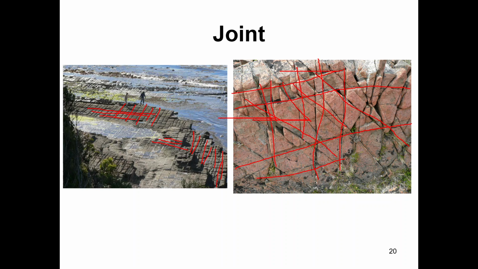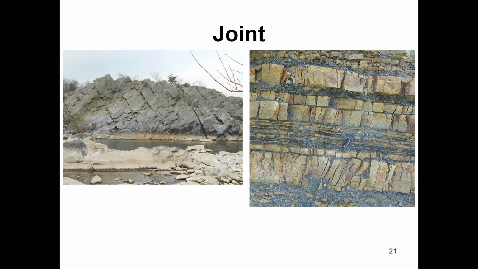This is in granitic rock, and we do not see any sign of movement in this rock, so we call that a joint. Similar to this, we have a similar joint set here, and you can see similar directions.